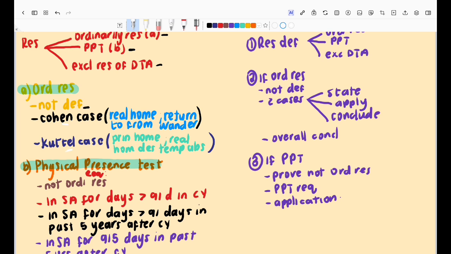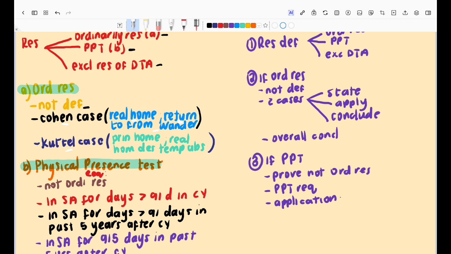The Cohen case, there are 2 principles that it gives you. It tells you that a person is an ordinarily resident in the country in which they consider to be their real home, and in which they will return from any wanderings that they have. Wanderings means you are moving away from a certain place. So you return to South Africa from wandering to America, for instance.